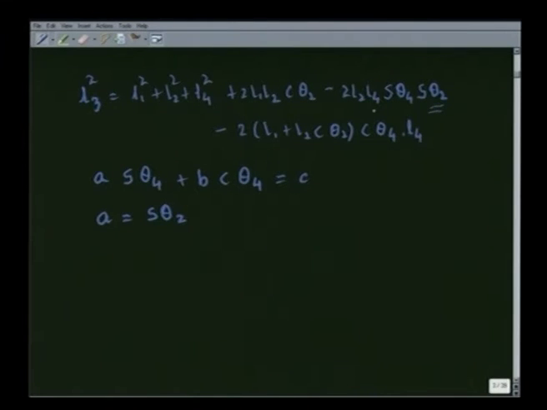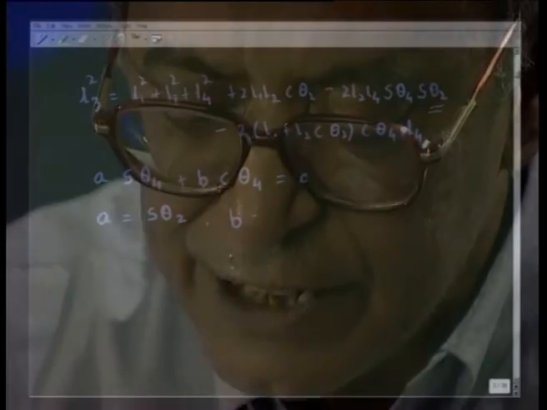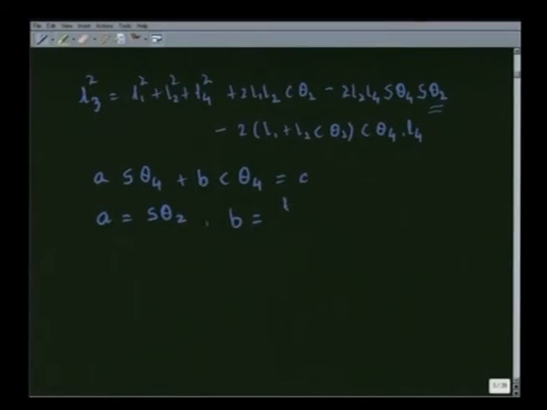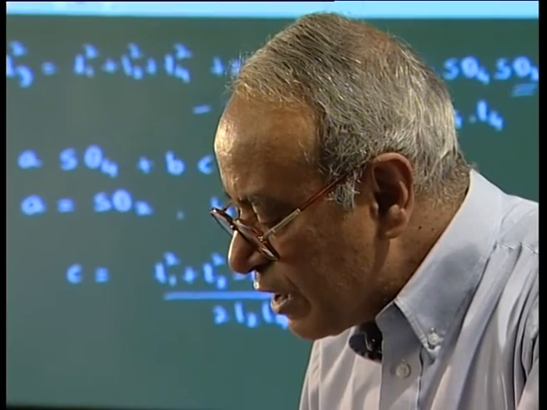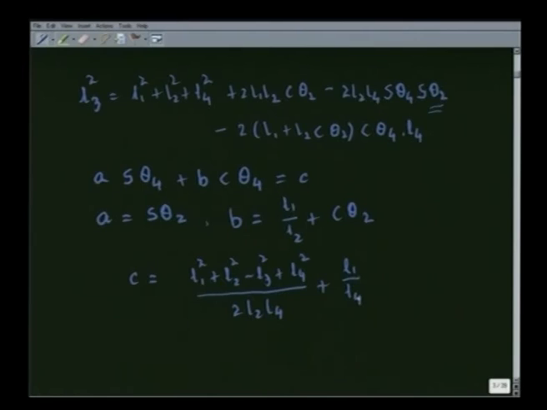From this term, B will be L1 by L2 plus cosine theta 2, and C is L1 squared plus L2 squared minus L3 squared plus L4 squared divided by twice L2 L4 plus L1 by L4 cosine theta 2.